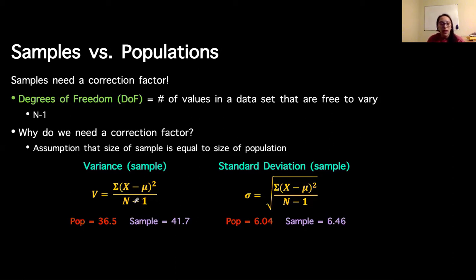When we apply the degrees of freedom, which in this case is n-1, you can see that the variability increases in both the sample measurements for variance and standard deviation, okay? So you think, oh, larger variance is bad, right? But that's the point of the correction factor.